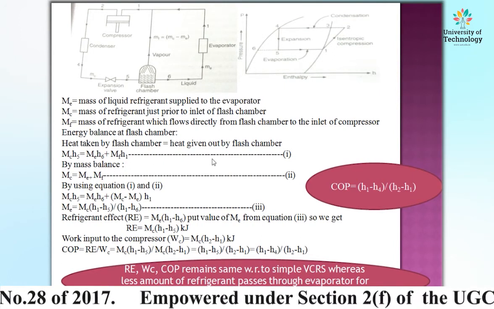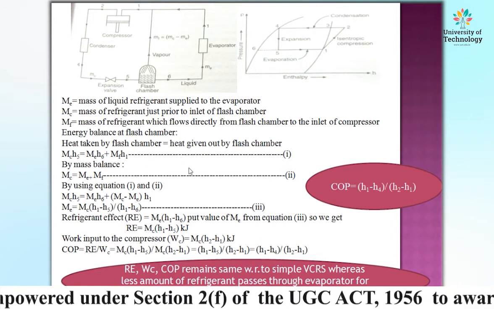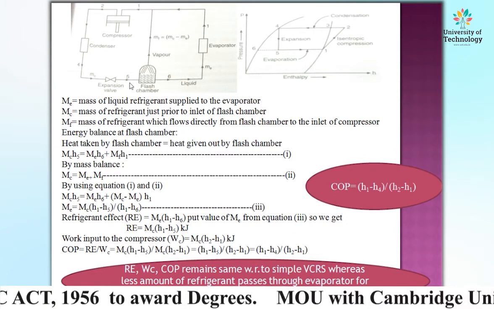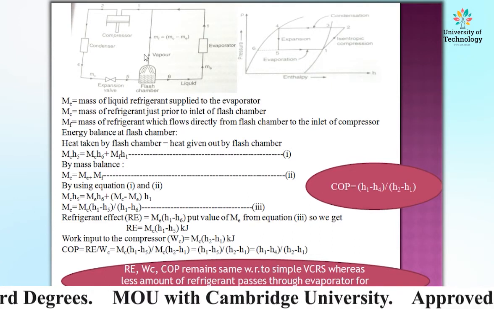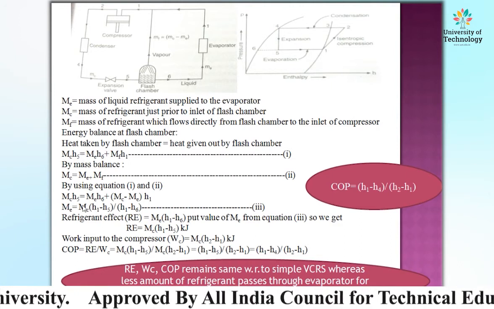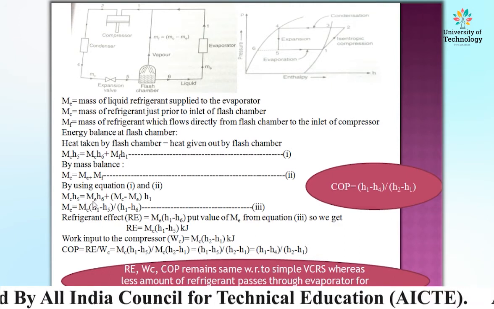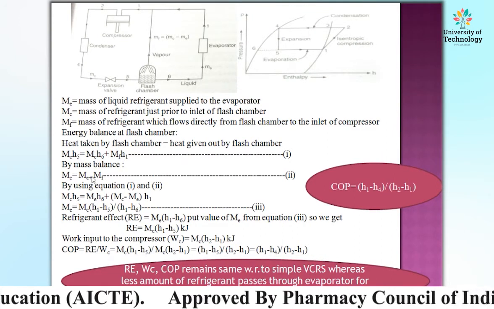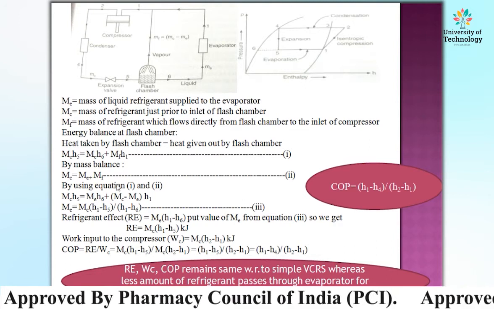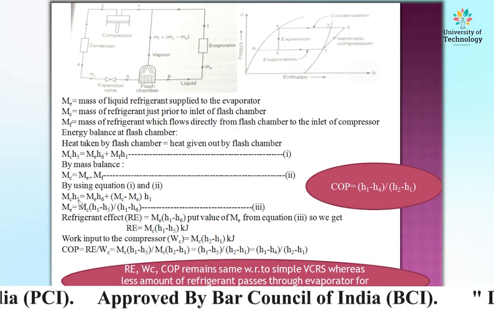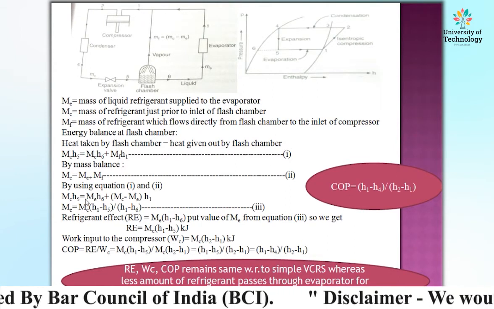Now balance the mass. MC at inlet is equal to ME plus MF. Now use equation 1 and 2. MC H5 is equal to ME H6, put the value of MF from this equation into this equation, plus MC minus ME into H1. So MC multiplied by H5 is equal to ME into H6 plus MC minus ME into H1.